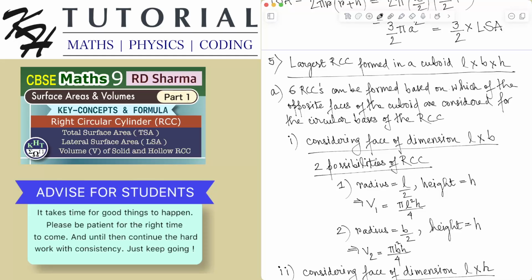You know, in a cuboid there are 6 faces. That is, how many faces? 1, 2, 3, 4, 5, 6. There are 3 pairs of opposite faces. So considering each such pair of opposite faces, those 2 opposite faces will actually have the 2 end faces of the RCC.